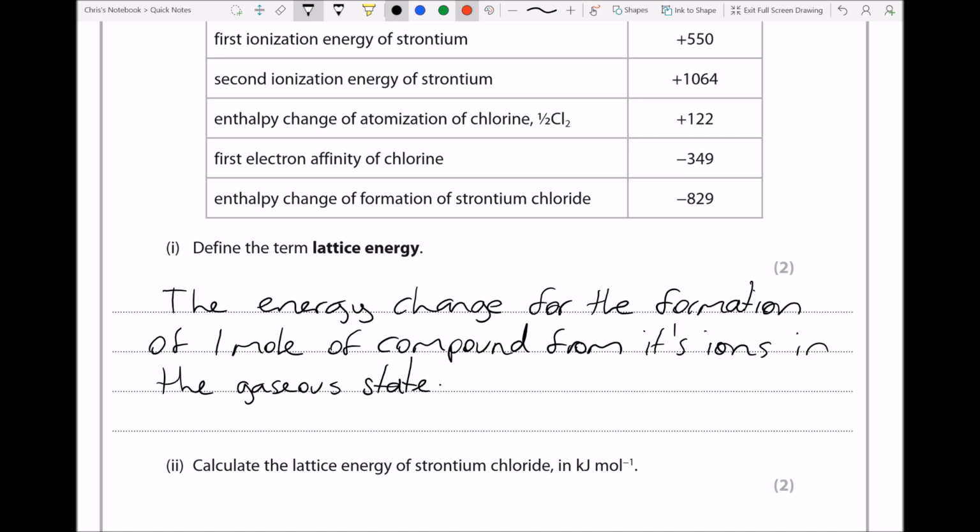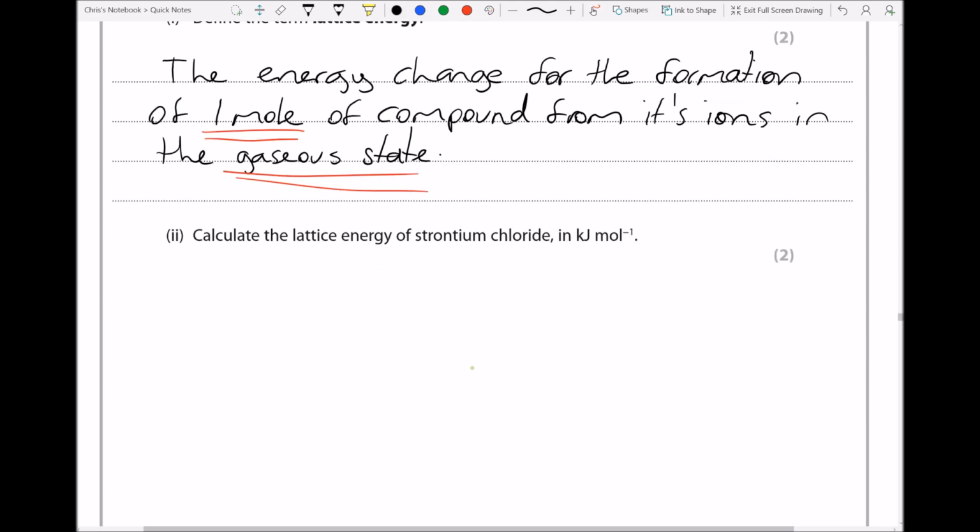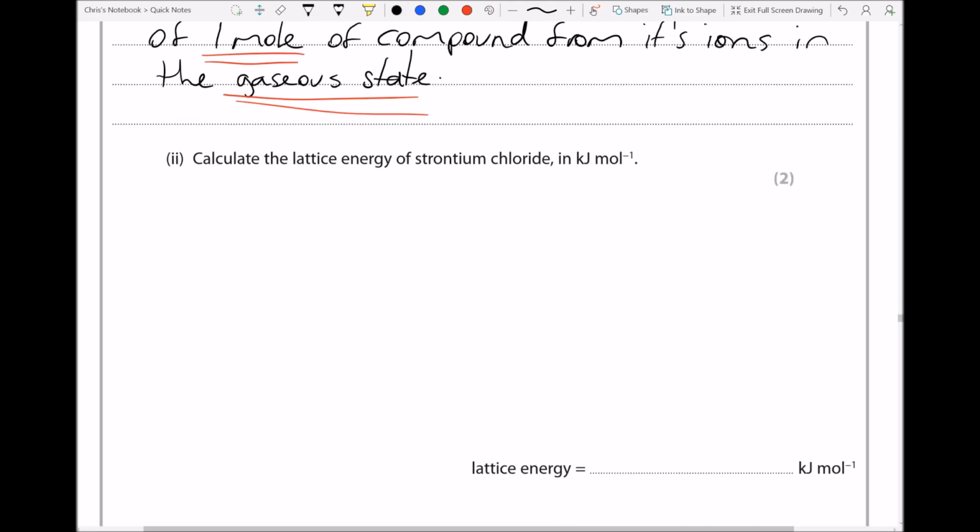Some really important things here are 1 mole, that's important, and gaseous state is the second mark. You've got to make sure you put those terms in there. They're really important, and they obviously help to define the lattice energy as well.